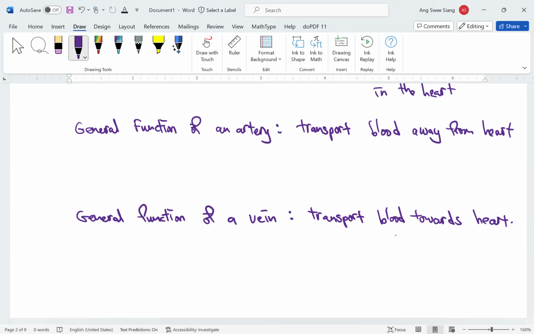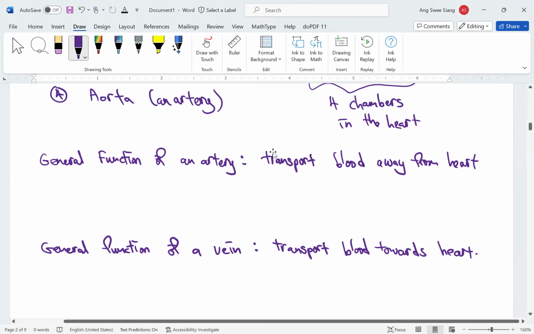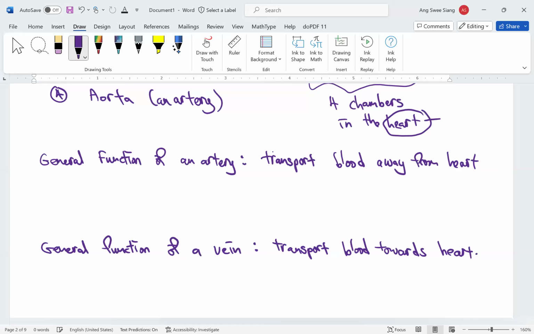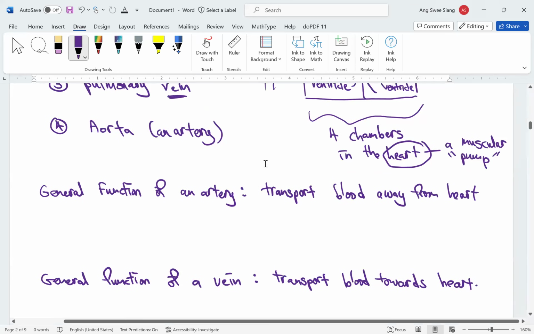Now, if I were to tell you the heart acts as a muscular pump, which will contract. Actually it is not very accurate if I just say the muscular pump contracts.